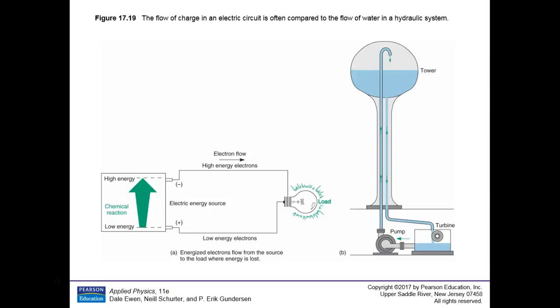The light bulb, or whatever else it is, the computer, your projector, whatever it is you're fiddling with, that's the load. That's what's using the energy that the charges are carrying. Producing light in this case, heat perhaps, moving your charges around. That's your load.